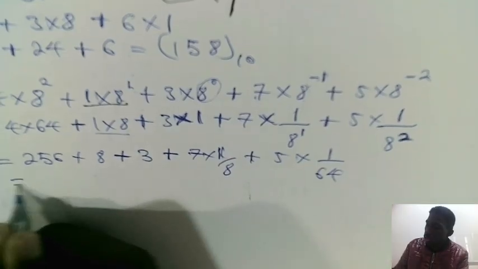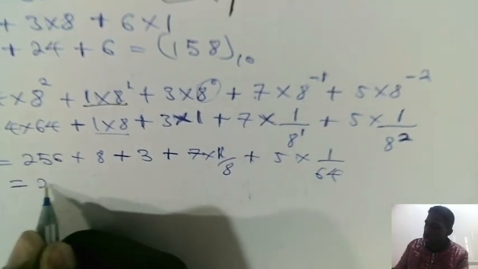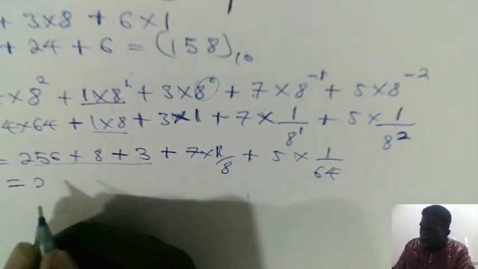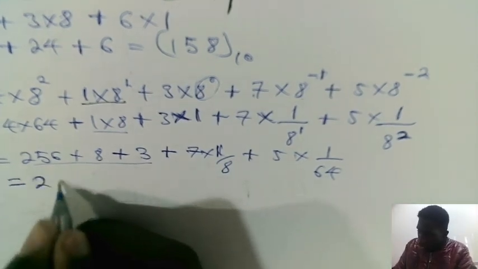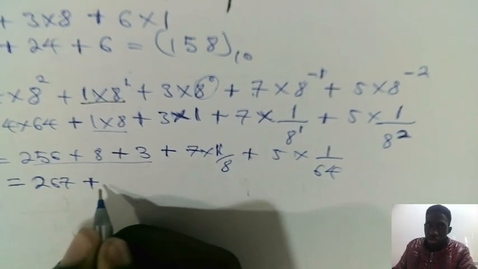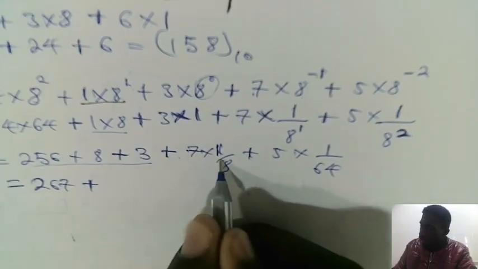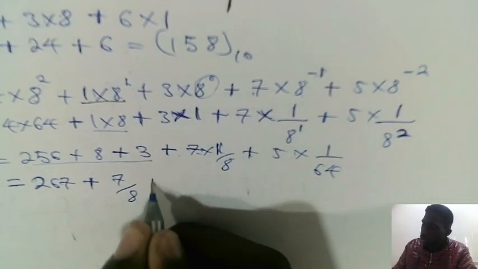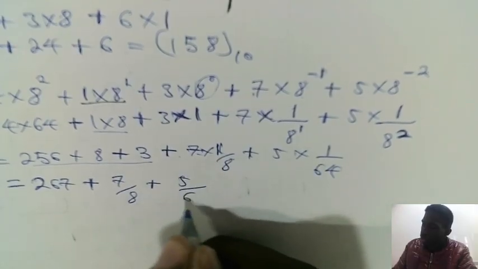Now we simplify further. 256 plus 8 plus 3 is 267, and then we have 7 over 8 plus 5 over 64.